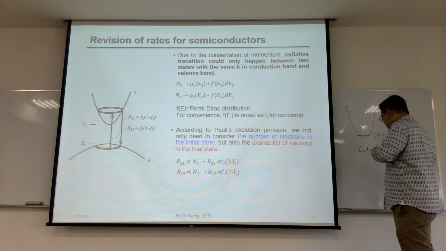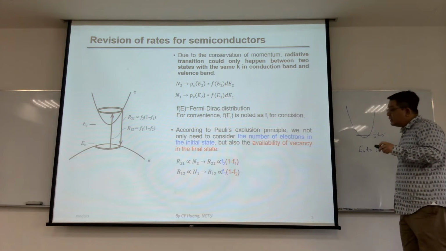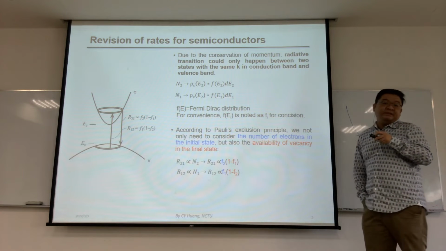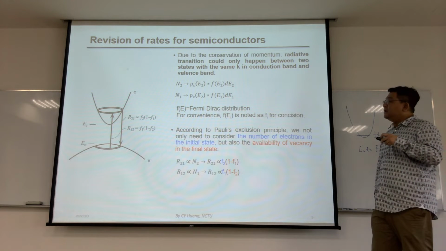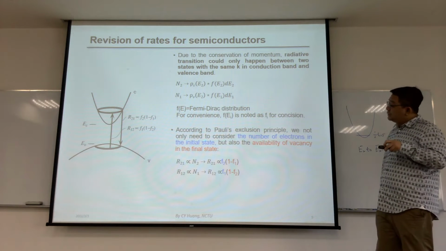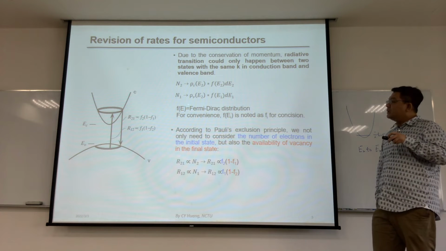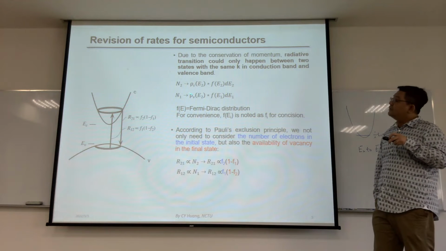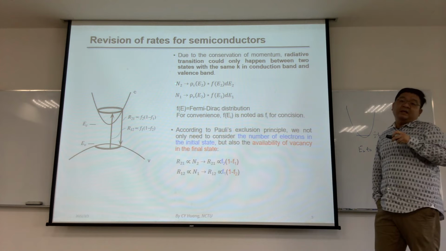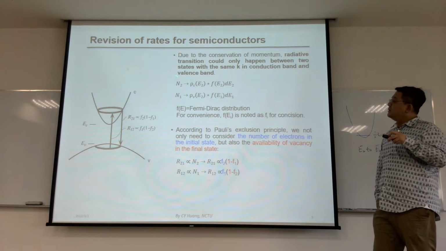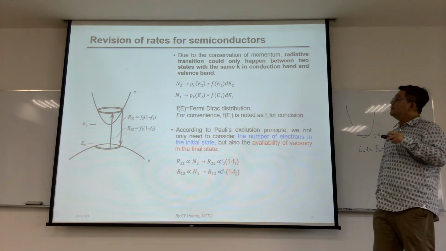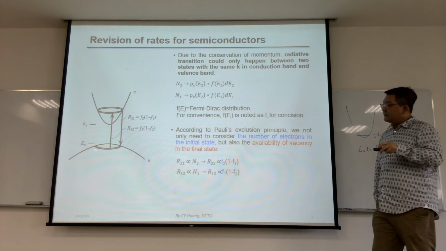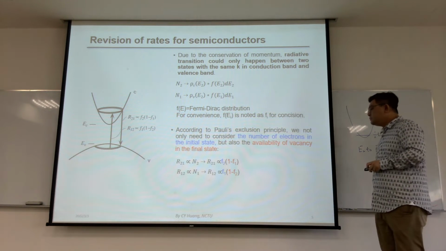Now we can replace the original N2 with the density of states in the conduction band. Similarly, we also need to express N1 at the lower level as the density of states in the valence band times the occupancy at the lower level, dE1, in the lower band.